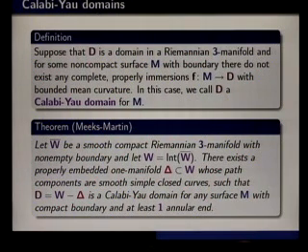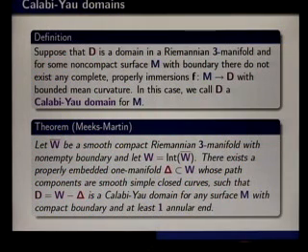So this is just new vocabulary. Suppose you take a domain, I'm going to think of a compact domain in a three-manifold. So suppose that D is a domain, like an open set in a three-manifold, and suppose that for some non-compact surface with compact boundary, you don't have any complete proper immersions of that surface into the domain with bounded mean curvature.